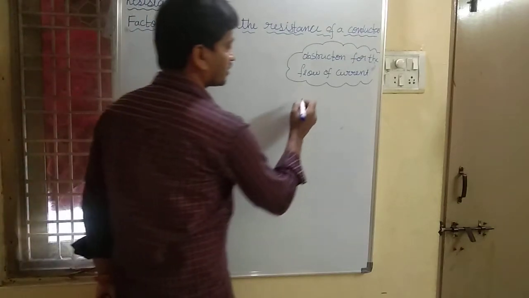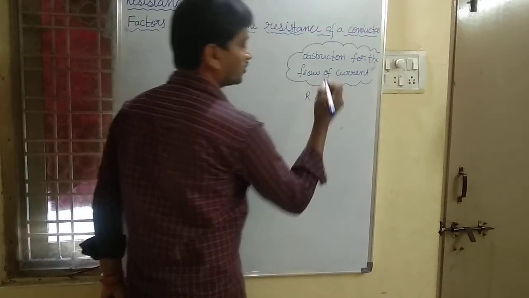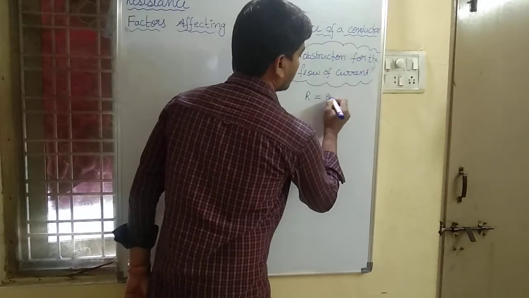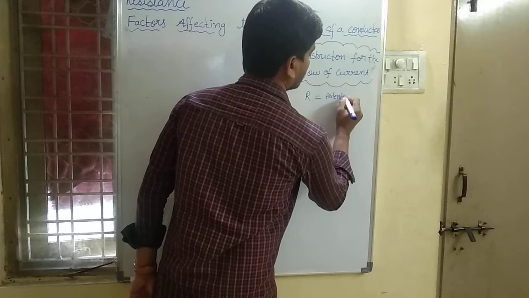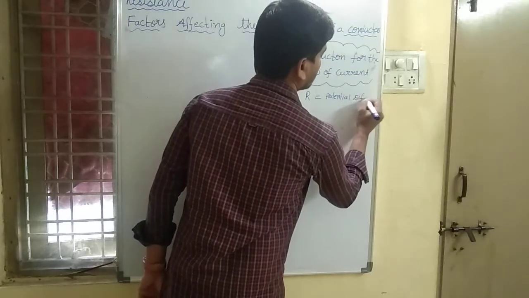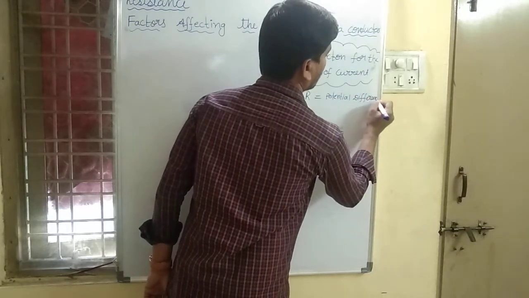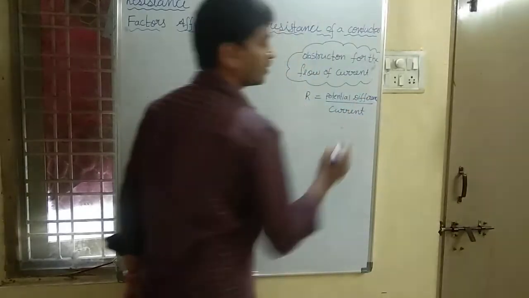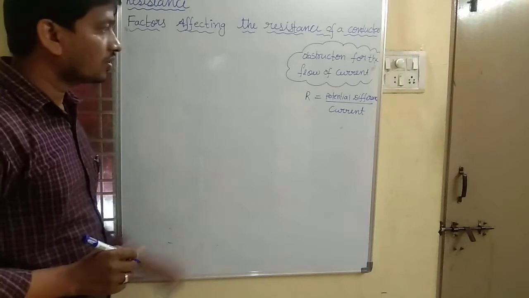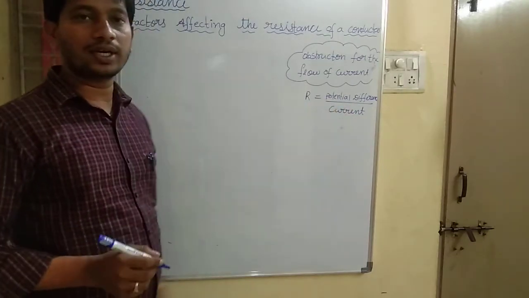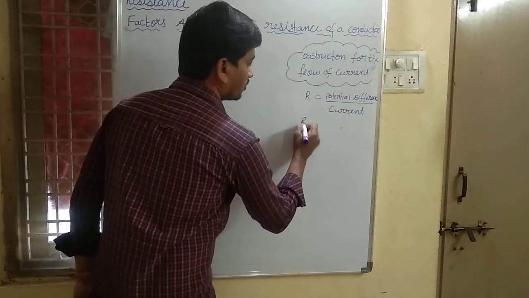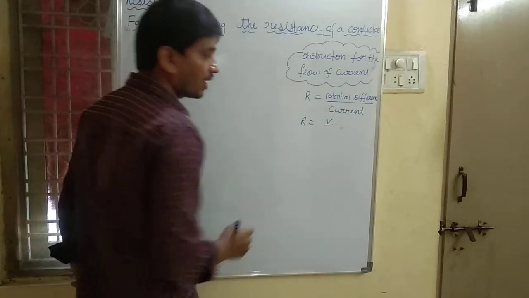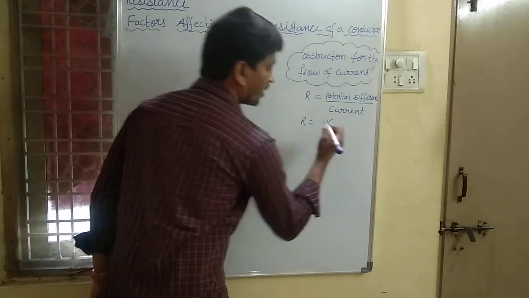So resistance R is the ratio of potential difference to the current. So R equal to potential difference V and electrical current I.